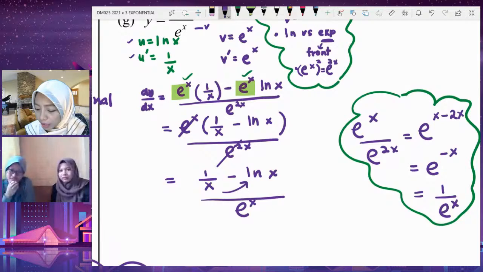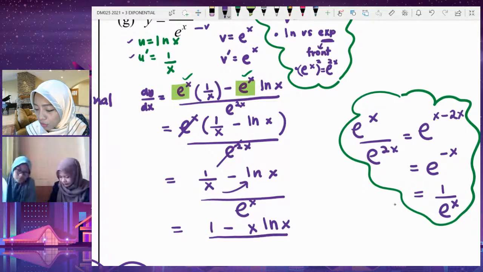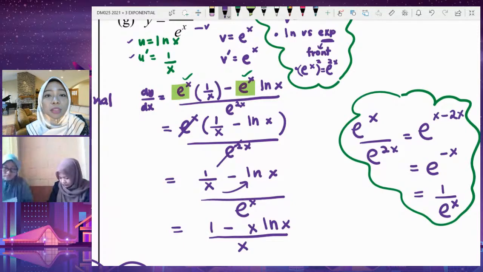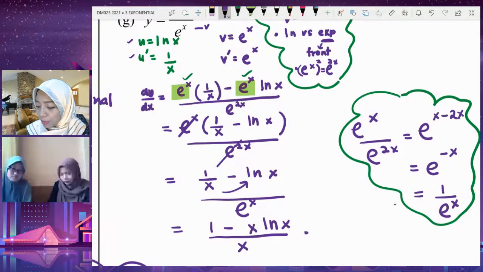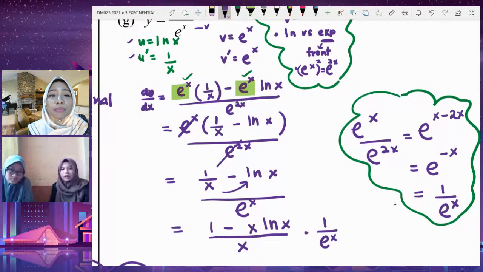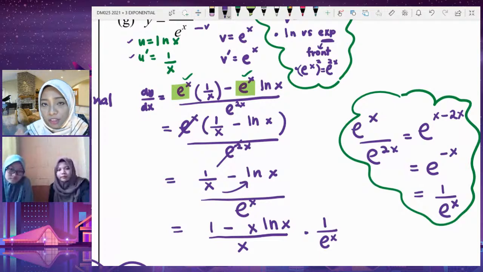Kita samakan penyebut. So (1 minus x ln x) over x. Betul? And multiply with e to the power of x. E to the power of x ni adalah sebenarnya apa? 1 over e^x. Betul tak? When you divide with values, you nak tukar dia jadi darab, you kena letak dia 1 per dia.